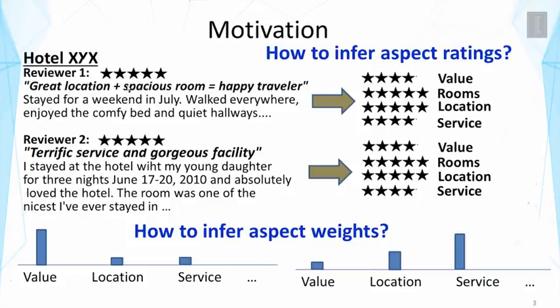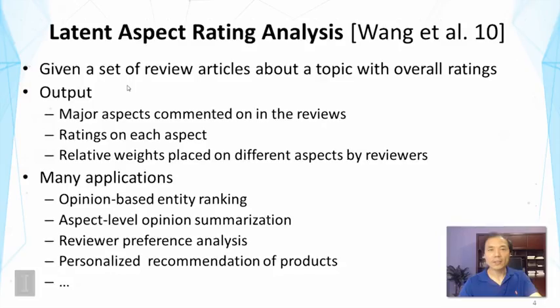So the task here is to get these reviews and their overall ratings as input, and then generate both the decomposed aspect ratings and the aspect weights as output. And this is a problem called latent aspect rating analysis.